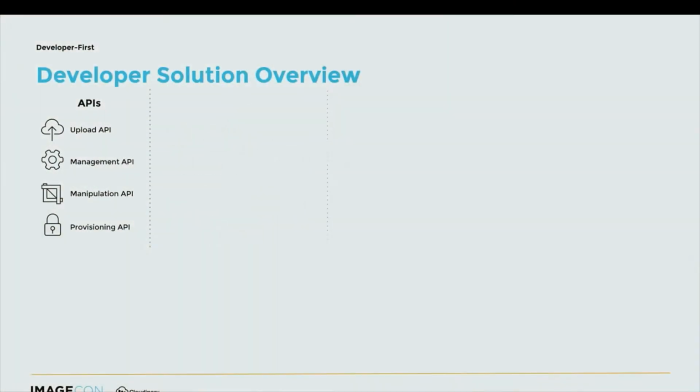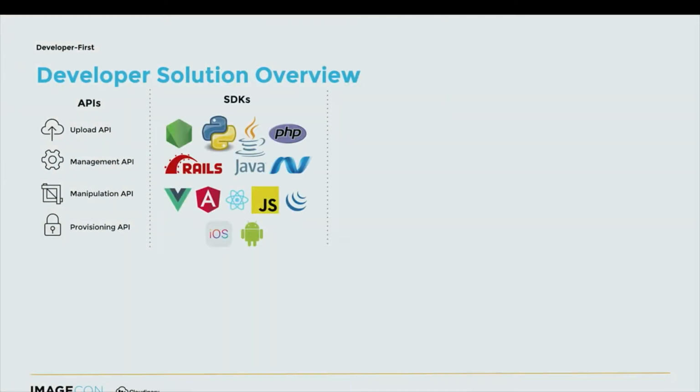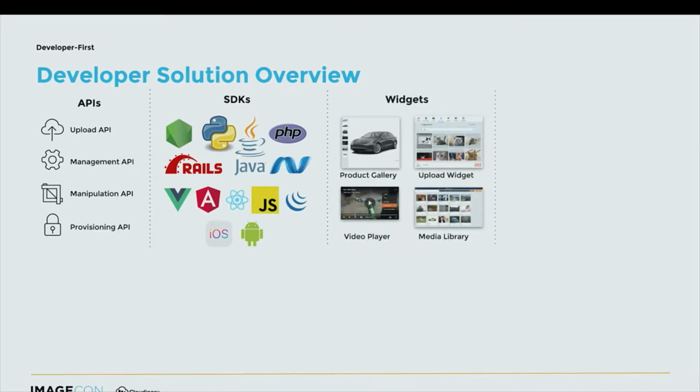The manipulation and delivery URL is probably the most commonly known and utilized API that we provide. On top of that, we provide SDKs, whether server-side, client-side, or mobile-specific, in order to better utilize your time, and respect your time. We also provide a ready-made UI in the form of widgets that you can customize and embed in your applications.